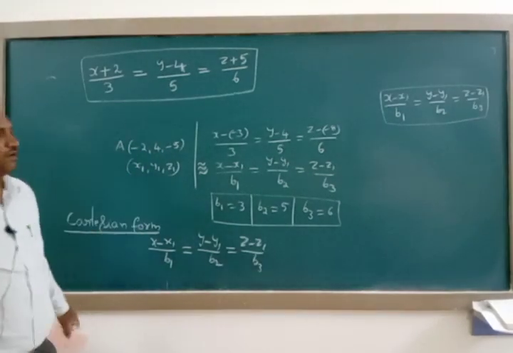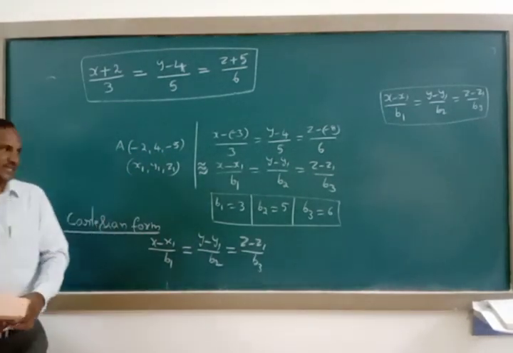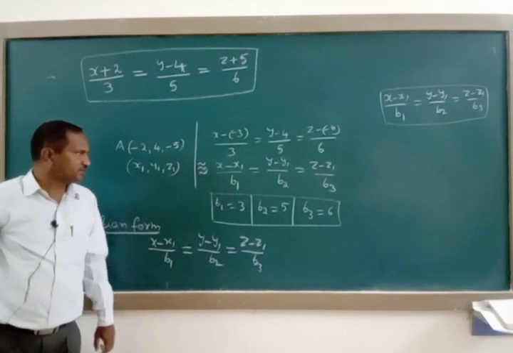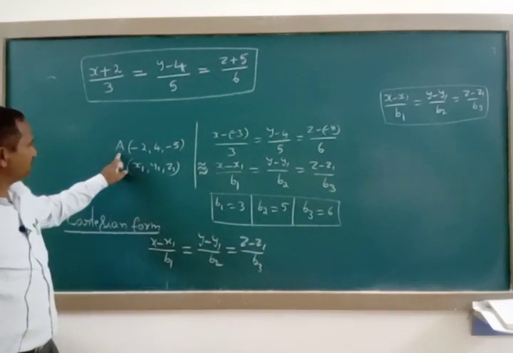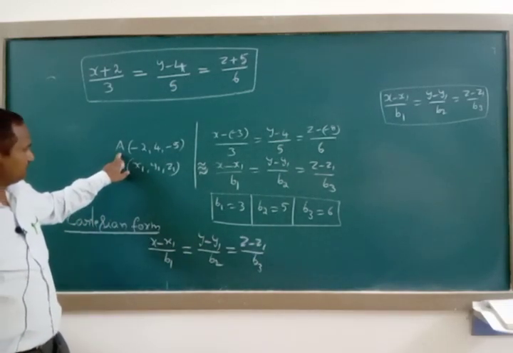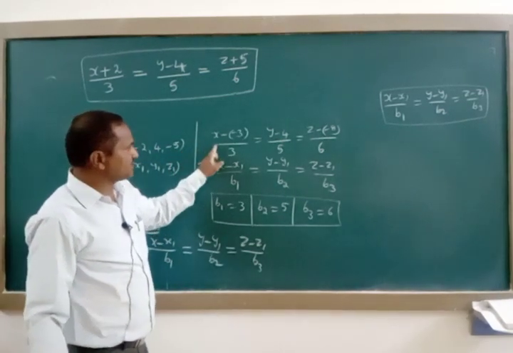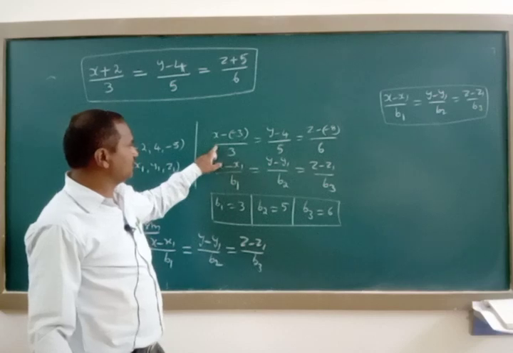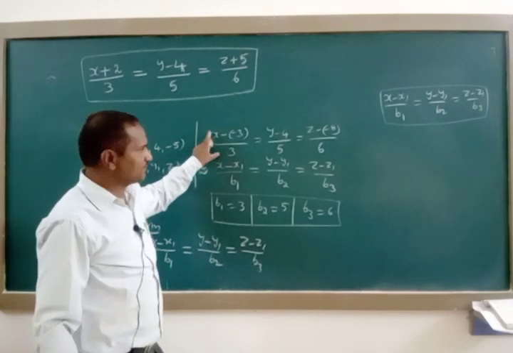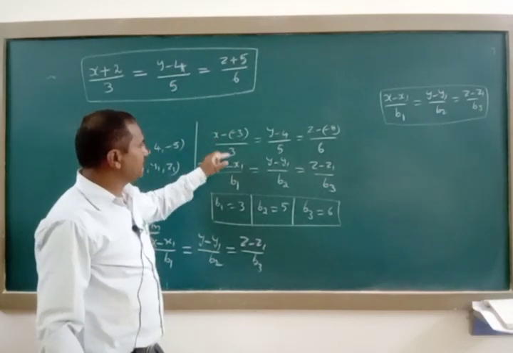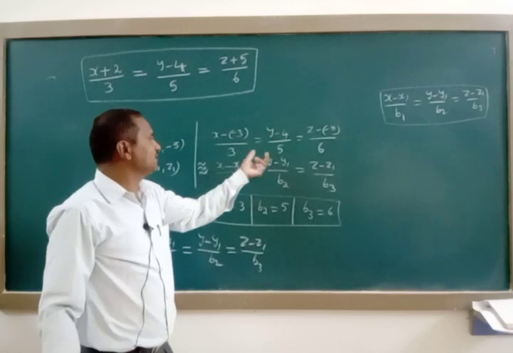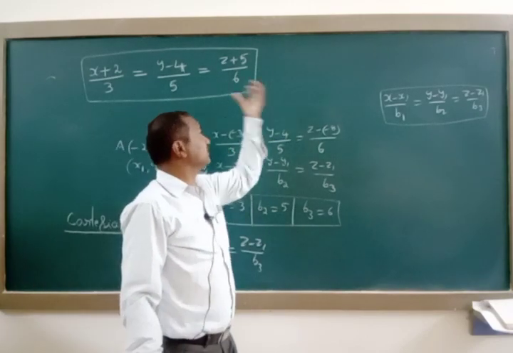We found this according to the given two conditions. What conditions did they give here? The line must be passing through the point capital A, that is minus 2, 4, minus 5, and parallel to this vector. That means in the direction of this line. In the direction of this line means we need the direction ratios of this line. They are 3, 5, 6.